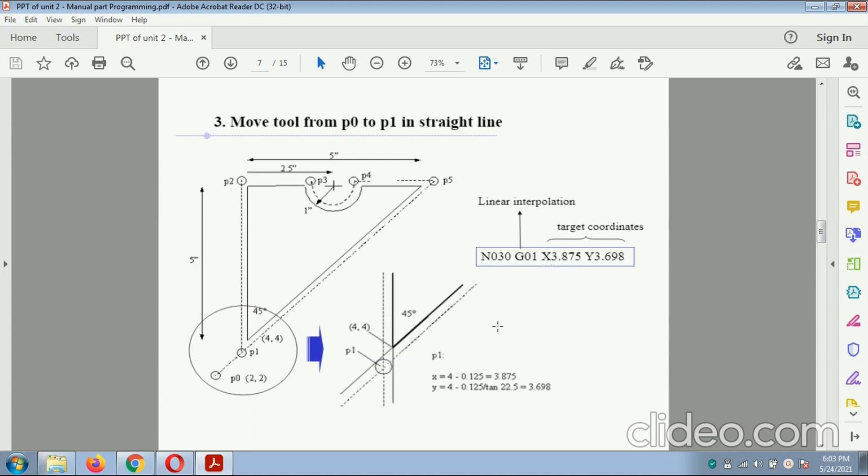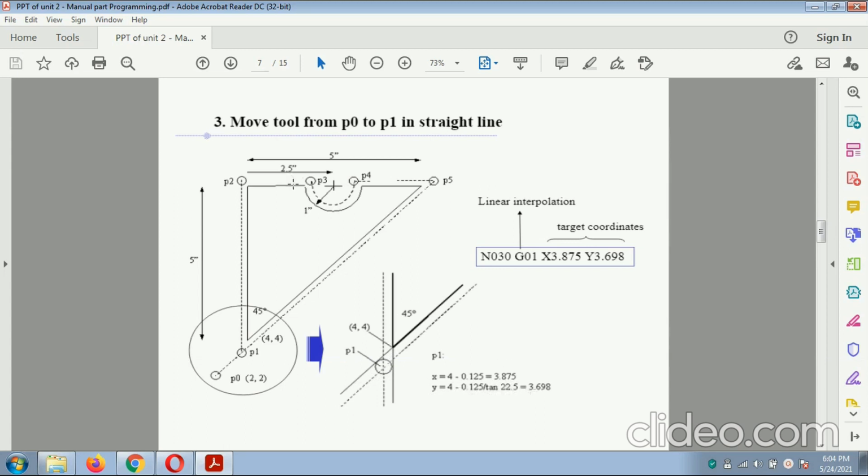You have to find X and Y. X is equal to 4 minus 0.125, the 0.125 being the clearance of the roller dimension, and Y is 0.125 tan 22.5.